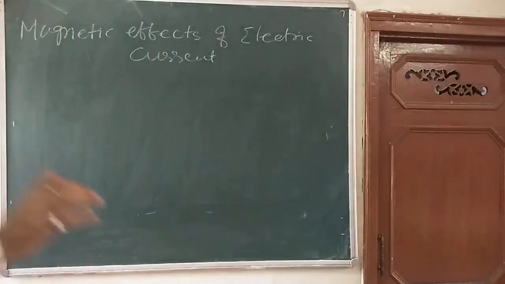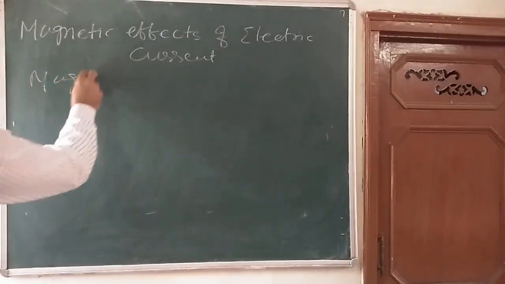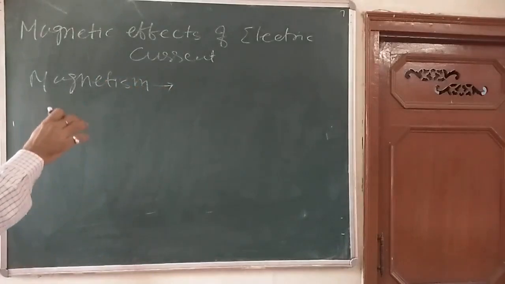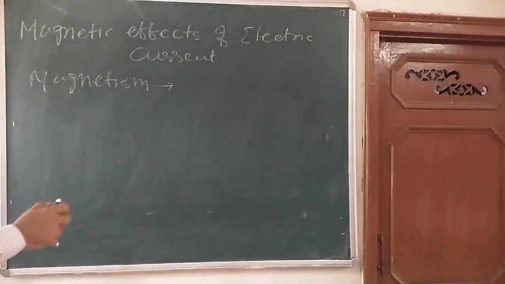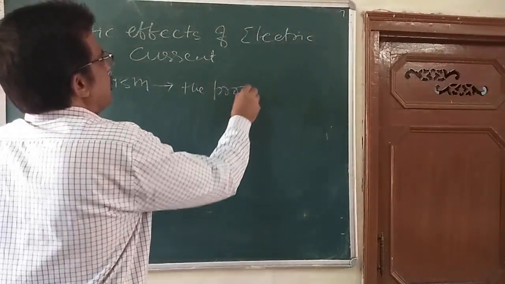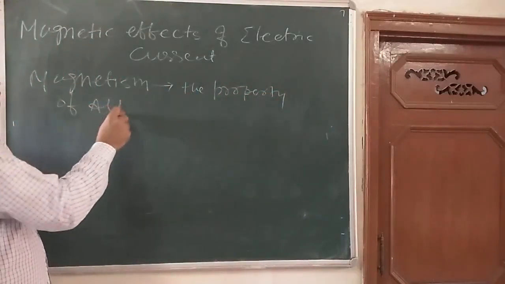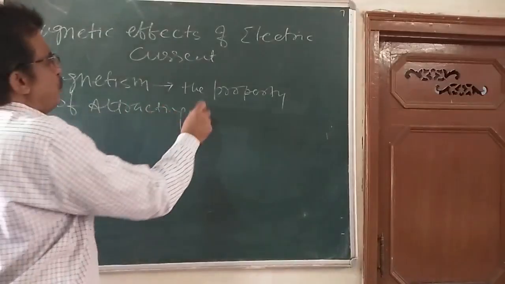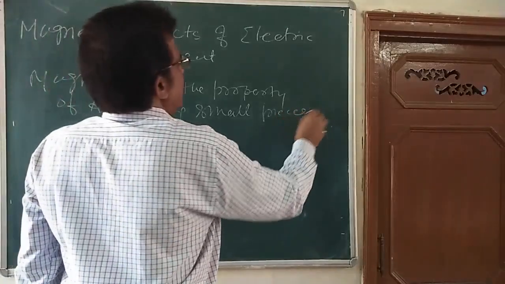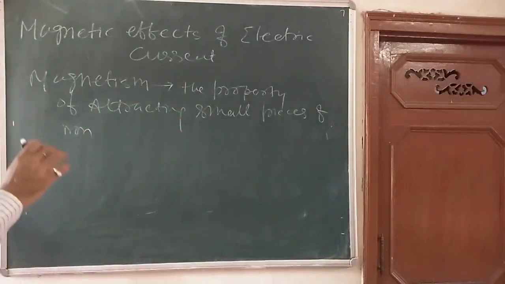First, I want to introduce what is magnetism. So dear children, the property of attracting small pieces of iron is called magnetism.